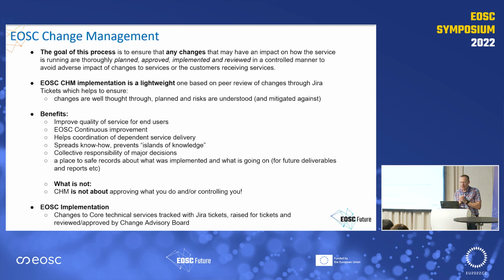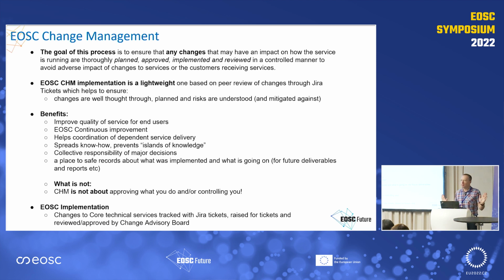So what is change management all about? It's making sure that changes to a service are properly planned, approved, implemented, and then reviewed in a controlled manner. Why do we do this? We want to try to prevent that change doing something undesirable, doing our best to make sure that that change has properly been considered, properly been tested, planned, thought out, with the procedure of actually doing that change written down before it actually gets implemented.